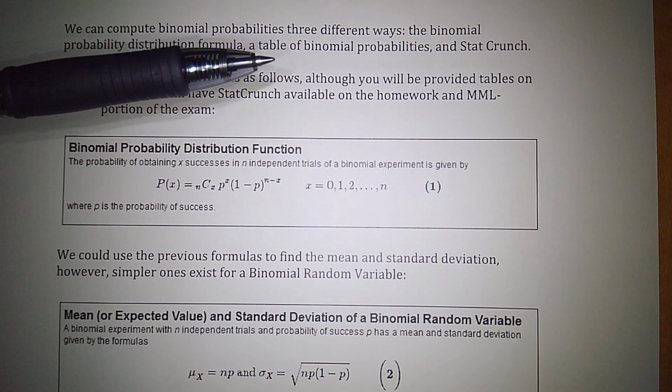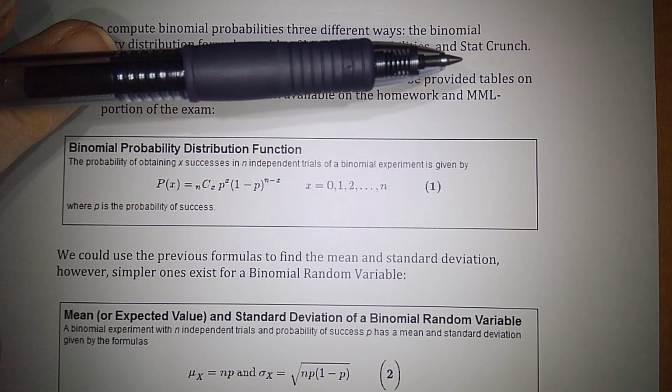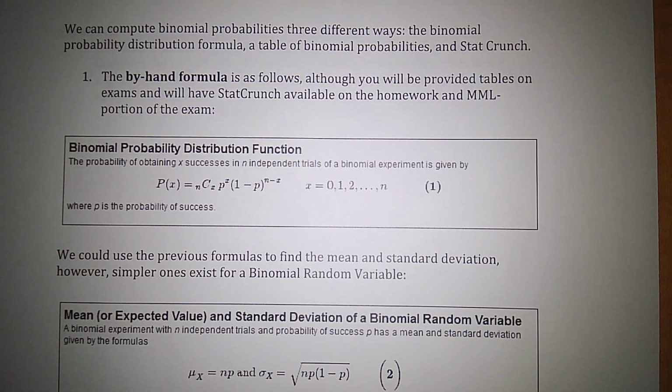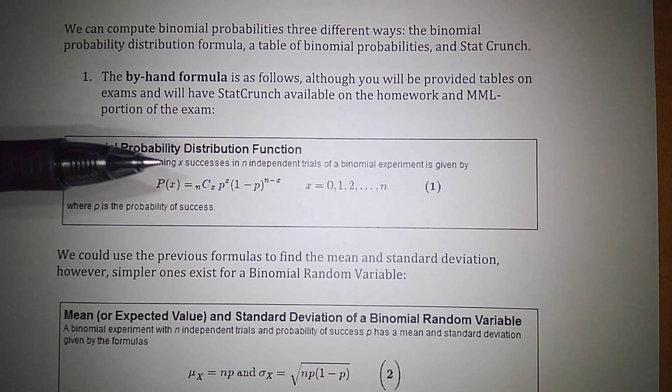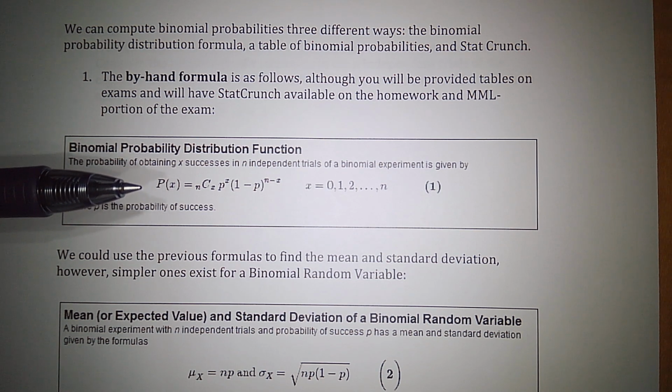We could also use what's called a table of probabilities, and we also can use statistical software such as StatCrunch. So the by hand formula is as follows. Although you will be provided tables on the exams and you will have StatCrunch available for your homework and your MyLab portion of the exam, make sure you can also do this by hand for the in-class exam.